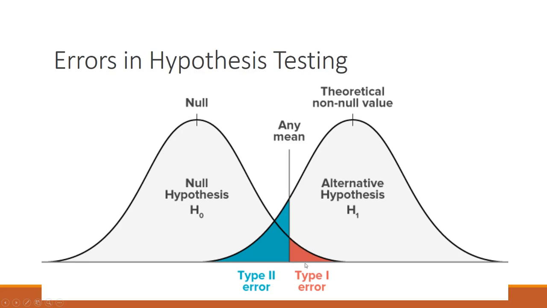This is the type 1 error. I illustrated that before. But what I haven't illustrated yet is the probability of committing a type 2 error. The type 2 error is this blue space.